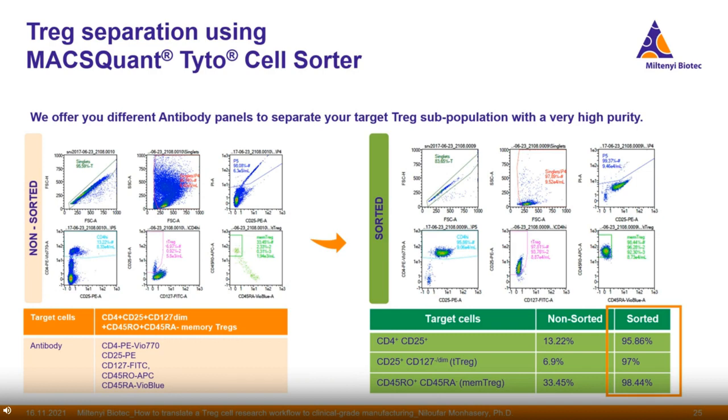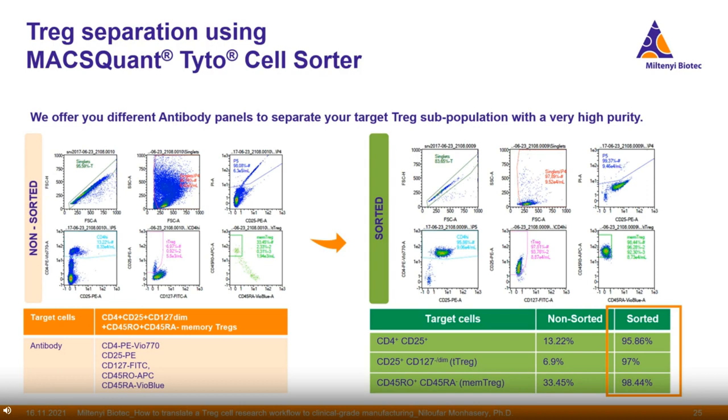In this slide, you can see an example of sorting of memory Tregs. To get the memory Tregs, we stained the cells with CD4, CD25, CD127, CD45RO, and CD45RA fluorescent colors. Then we sorted the cells, and the target CD4 positive, CD25 positive cells reach over 95%.